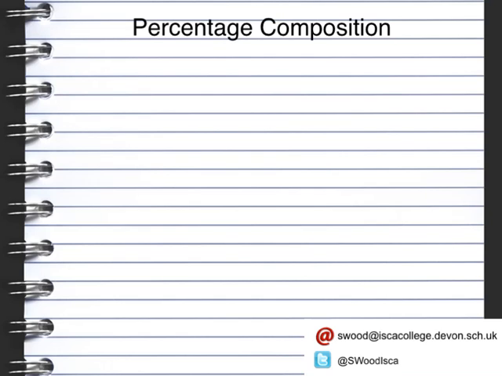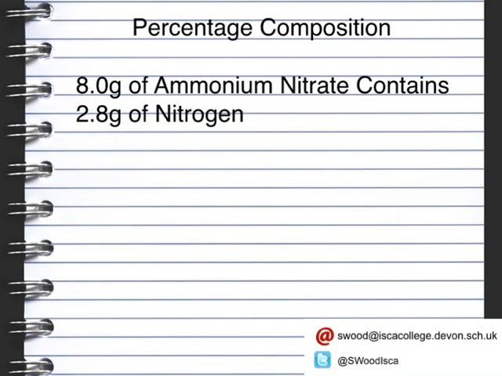Now the first one we'll do is the mass of nitrogen in ammonium nitrate. So 8 grams of ammonium nitrate contains 2.8 grams of nitrogen. Now, if we can remember what ammonium nitrate is, I'll just write the formula in here. It's NH4NO3.